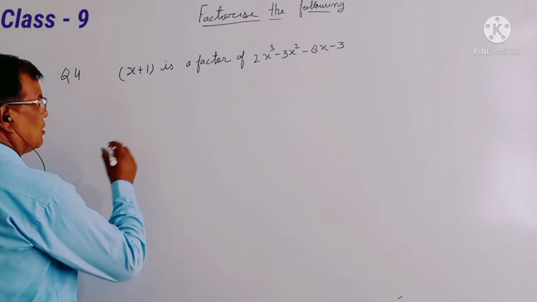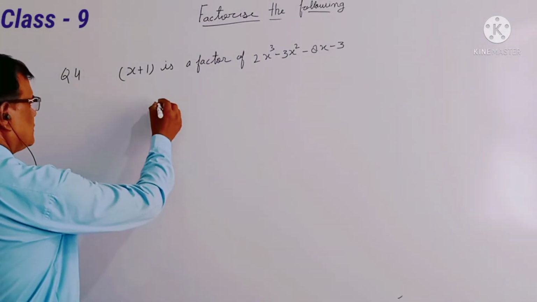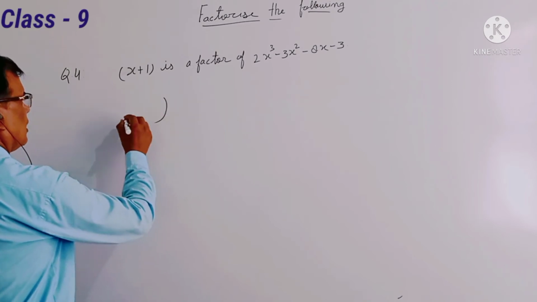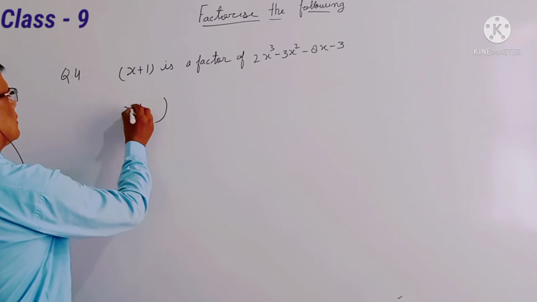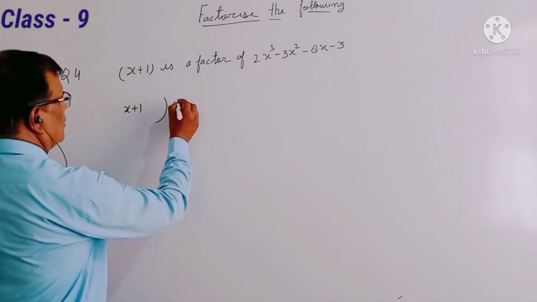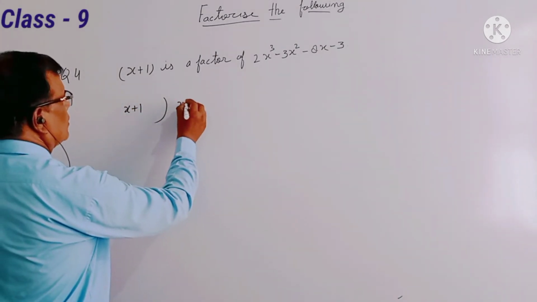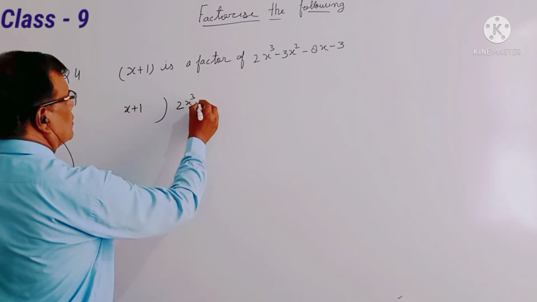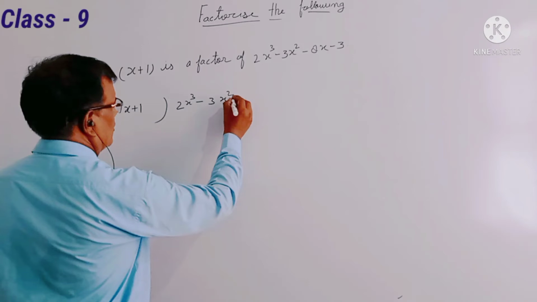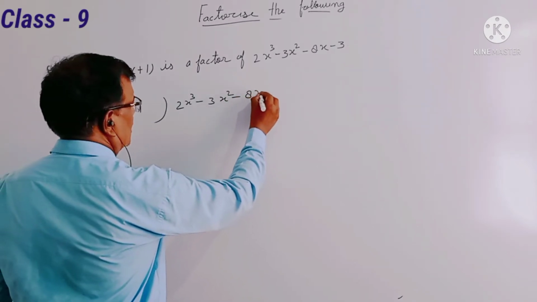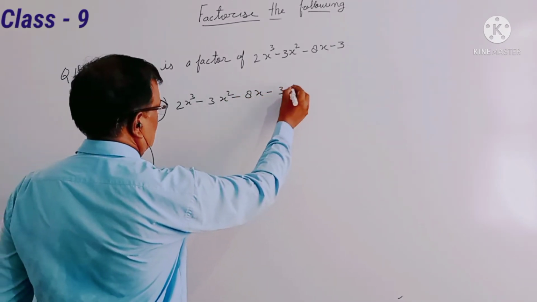Then we divide it this way by x plus 1, and here we write 2x cube minus 3x square minus 8x minus 3.